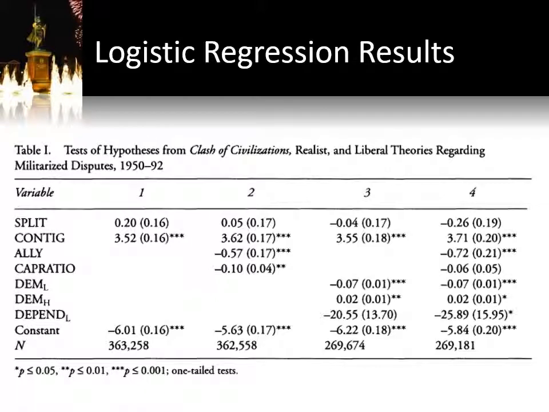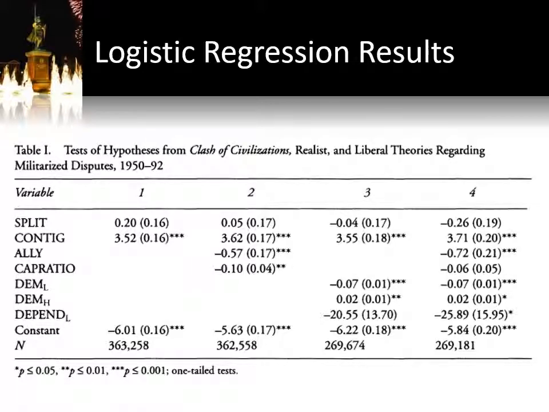What we do see is contiguity. Wow, 3.52, much bigger than the standard error, and it just happens to be the same. They're not always the same, as you'll see in other columns, but it's much bigger. Positive: when you're contiguous, you're more likely to go to war. And again, duh. But we see 3 asterisks, so it's highly significant.